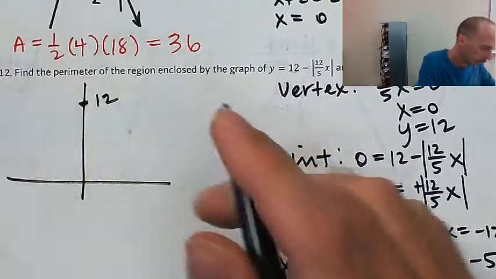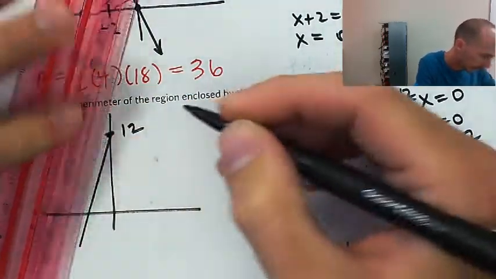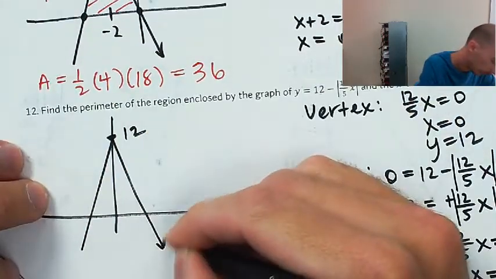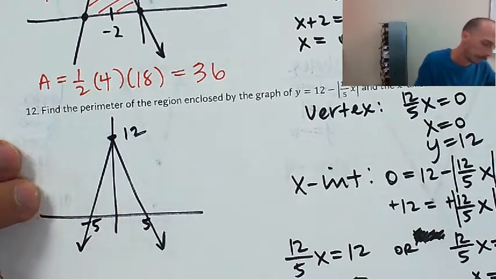All right, so then that's going to go down over here. And really, because I haven't marked anything on the x-axis, I can just make this however I want. Okay, but that's going to be 5, and that's going to be -5. Okay.